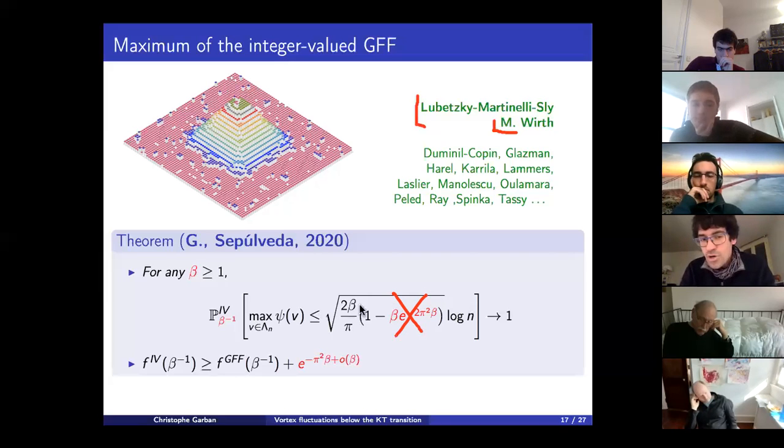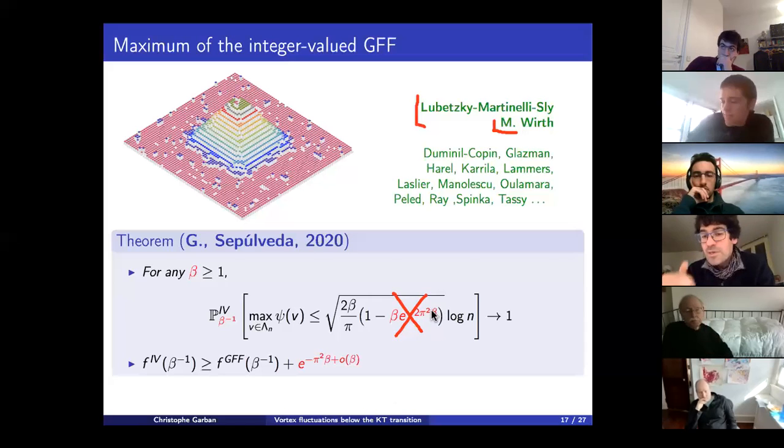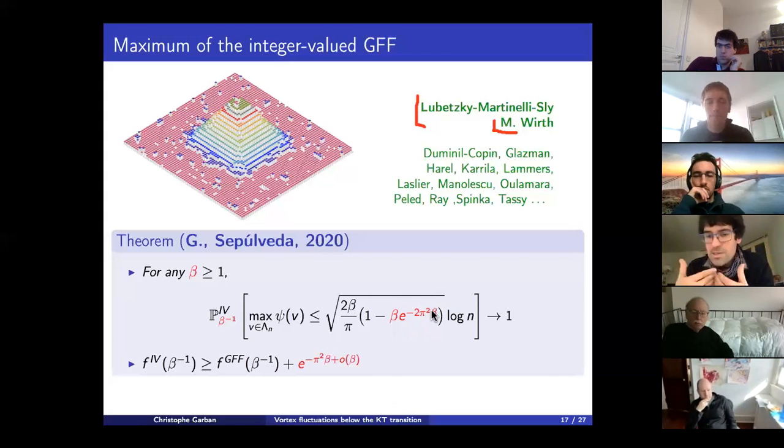And with the normal Gaussian free field, the maximum of the GFF has been studied deeply in the last 15 years by many, I will not cite them all, but lots of people. And so here we restricted the field to live in the integers, and we can prove much less than what, for example, Biskup and Wieder did for the Gaussian case.